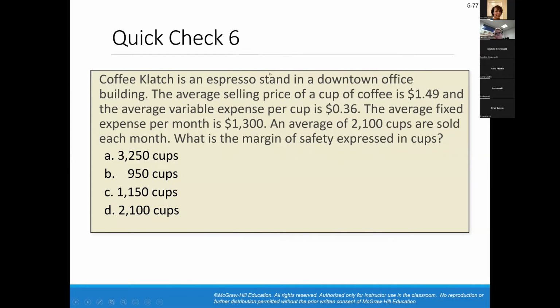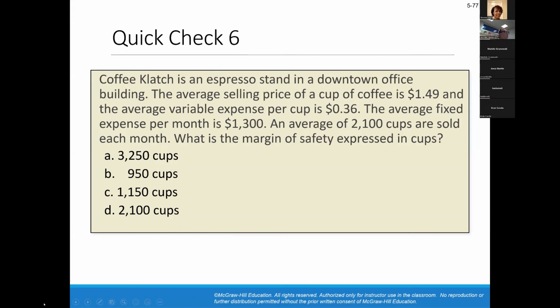Okay, so let's look at it for our example. So number 6, so we have an average of 2,100 cups sold each month. Okay, so then it says, what is the margin of safety expressed in cups? So we want to know the units, the cups. Okay, so how many units are we selling on average?